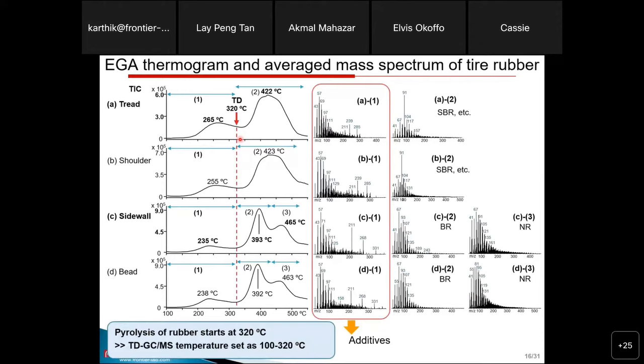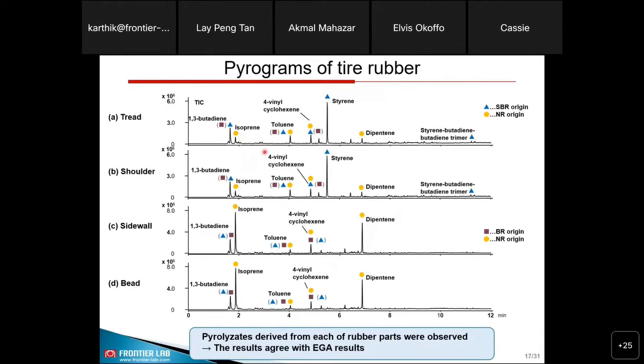Whereas in pyrolysis GCMS, after the thermal treatment of the sample, the compounds are separated through the GC column, and each peak is identified based on the retention time and the mass spectrum of the peak.